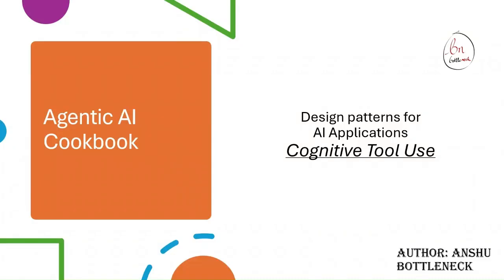This is the Agentic AI Cookbook series where we learn and implement design patterns for AI applications using hands-on examples. In our previous videos, we explored some of the most important agentic AI patterns: chaining, routing, parallelization, and reflection. While chaining enables an agent to complete tasks step by step with each stage built on the previous one, routing adds intelligence by selecting the best path for a specific request.